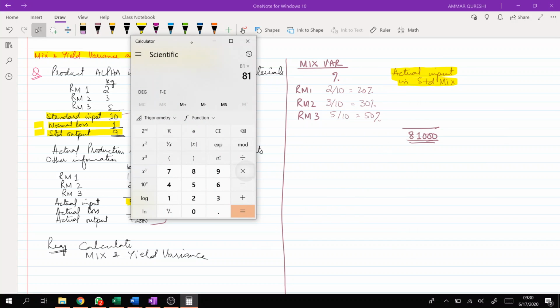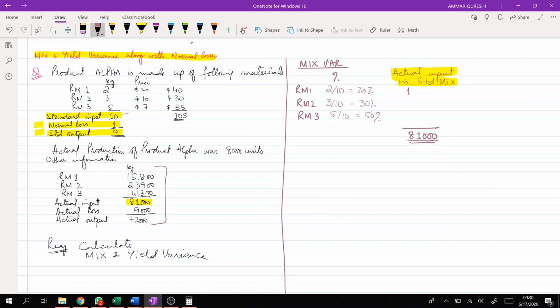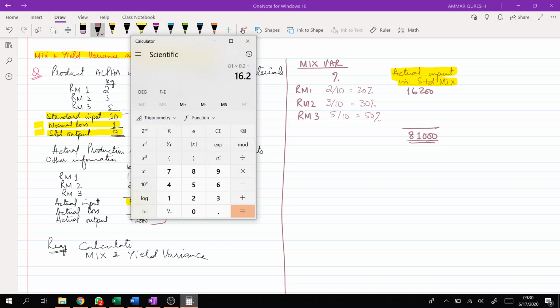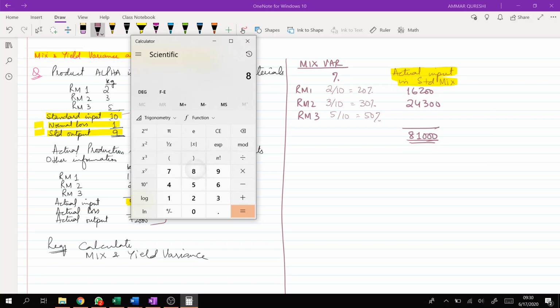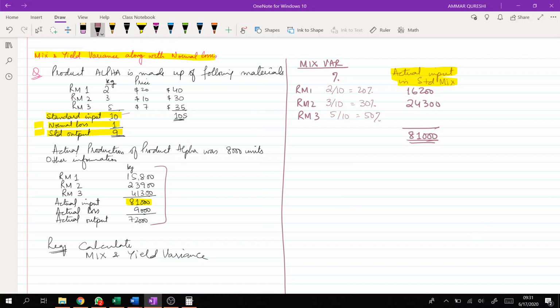So 81,000 times 20% is 16,200 kilograms, and 81,000 times 0.3 is 24,300 kilograms of raw material 2, and 81,000 times 0.5 is 40,500 kilograms of raw material 3.